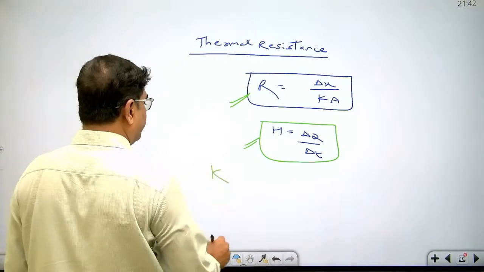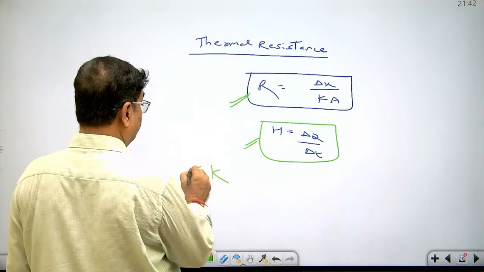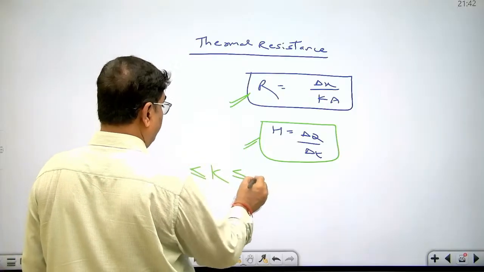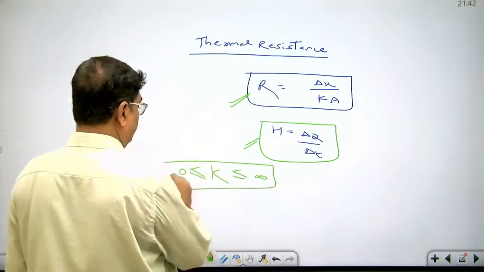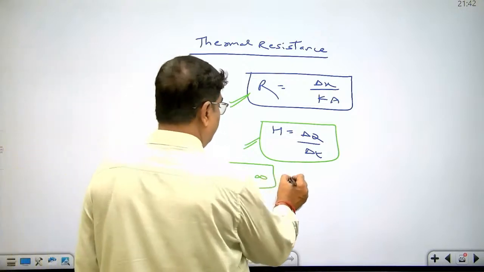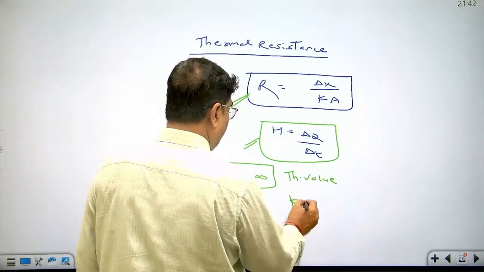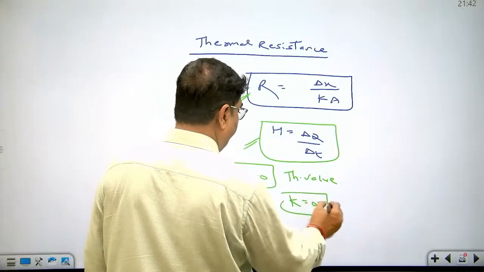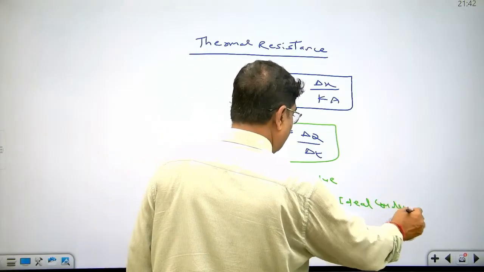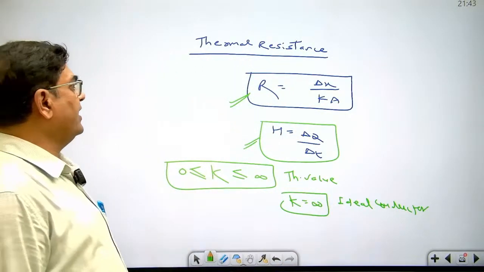K is called the coefficient of thermal conductivity. This is its theoretical value: greater than or equal to 0, less than or equal to infinity. For an ideal conductor, this is infinity. For an ideal insulator, its value will be 0.